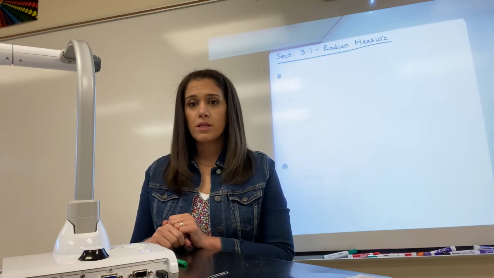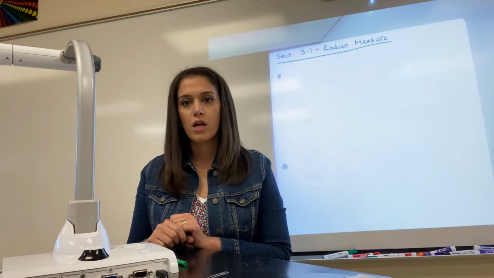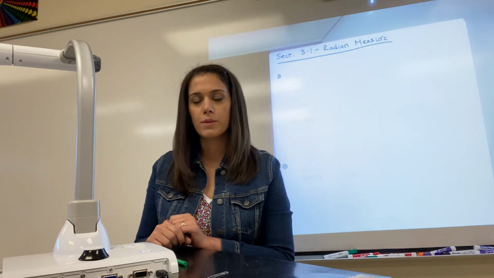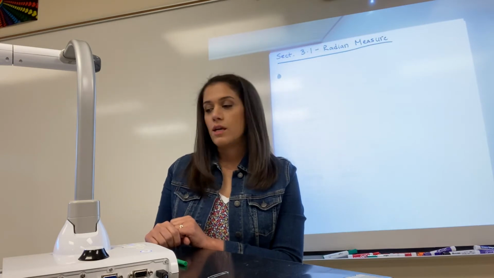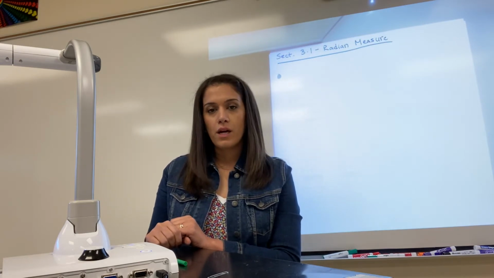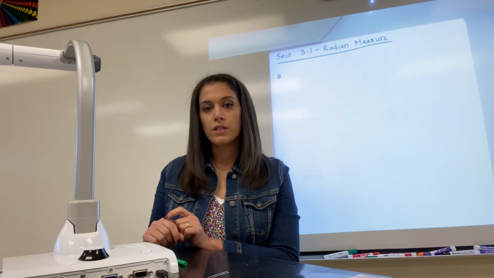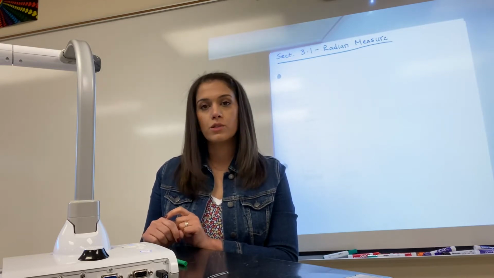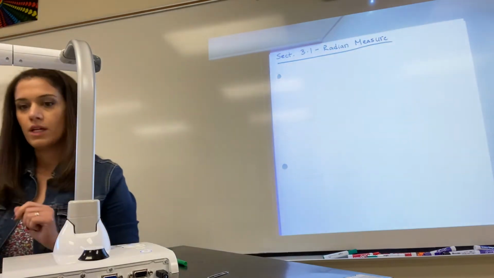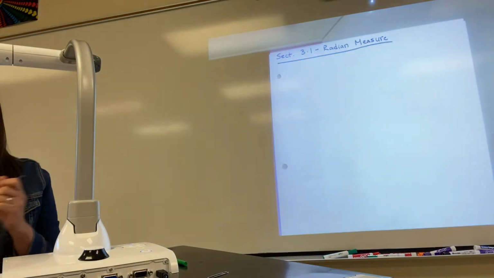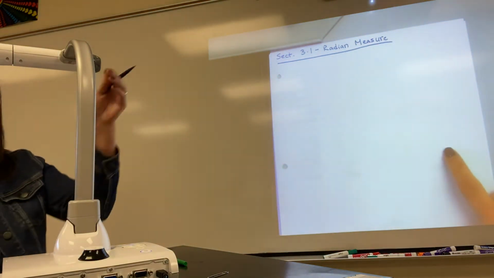But sometimes in some special situations or applications, we need to use the radian measure. And in this video, we are going to learn how to convert from degrees to radians and from radians to degrees.